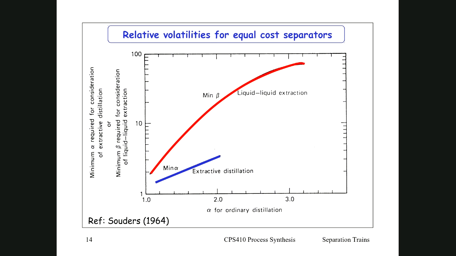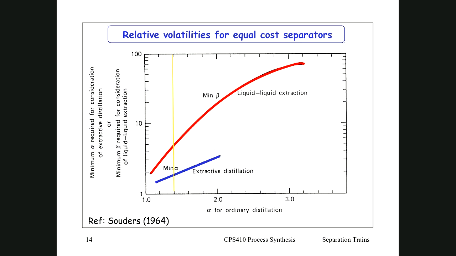All right, let's put that right up to 1.4. So for extractive distillation to be equal cost, you would need at least an alpha of 1.9. And with liquid extraction, of course, you can't use relative volatilities because it's a liquid equilibrium that we're talking about.